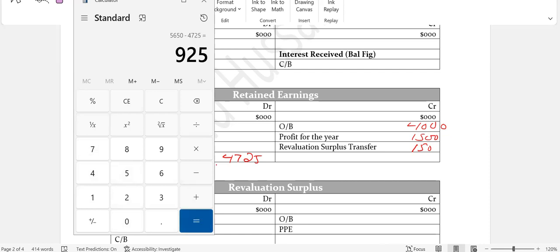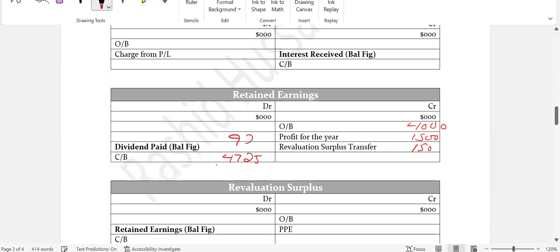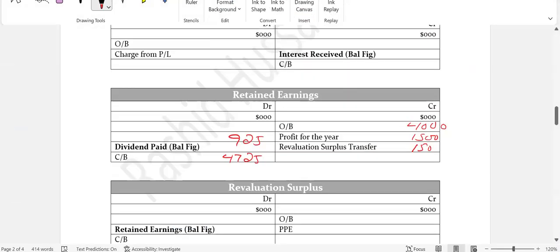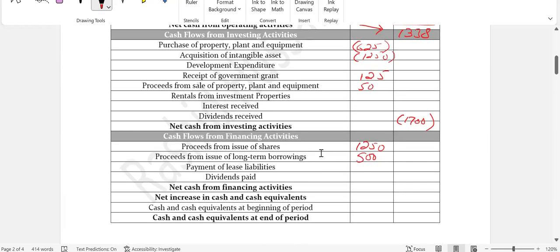So it is 925. 925 is the dividend paid, which we deduct from financing activities. Okay, now these are the three things we have within the financing activities.